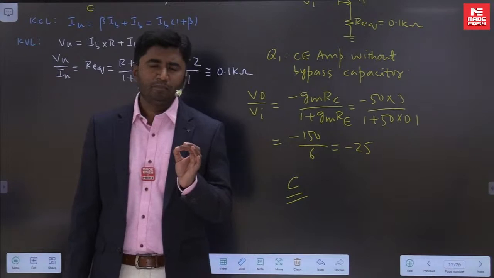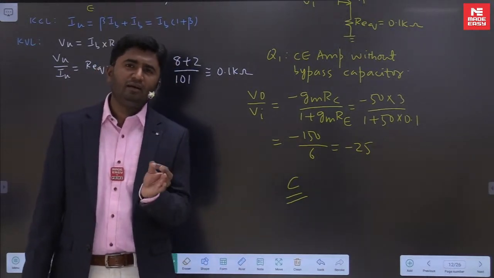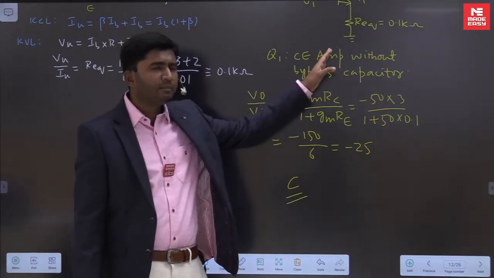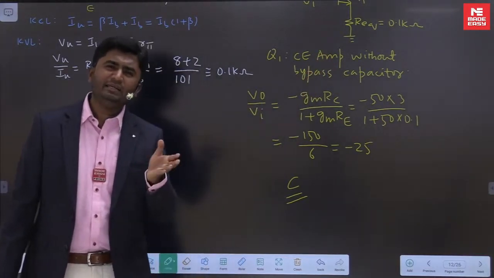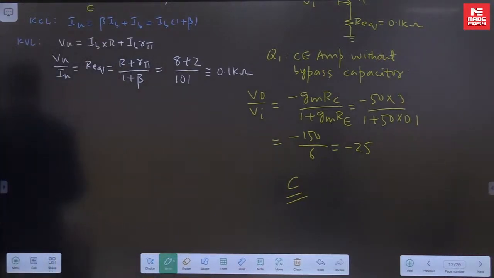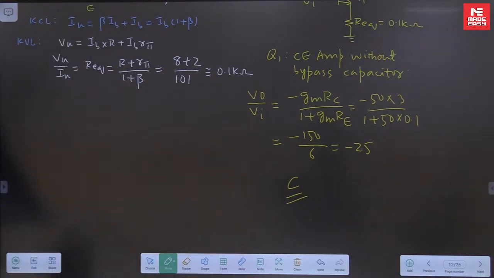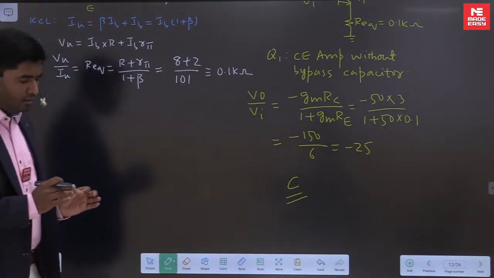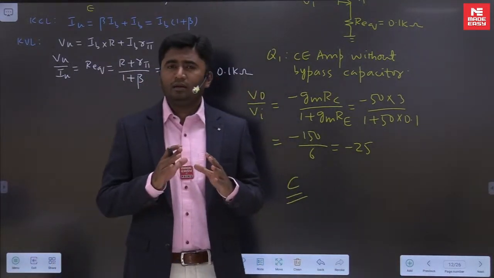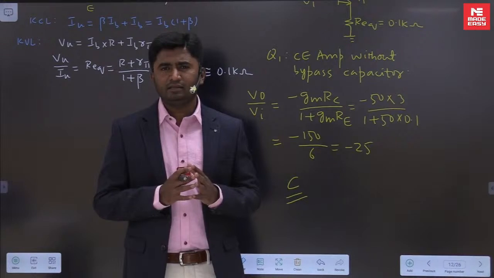You have to replace Q2 with equivalent resistance. Once you replace Q2 with equivalent resistance, then it becomes easy to calculate voltage gain. I hope everybody understood this. So please practice this concept also, to replace a transistor with equivalent resistance.